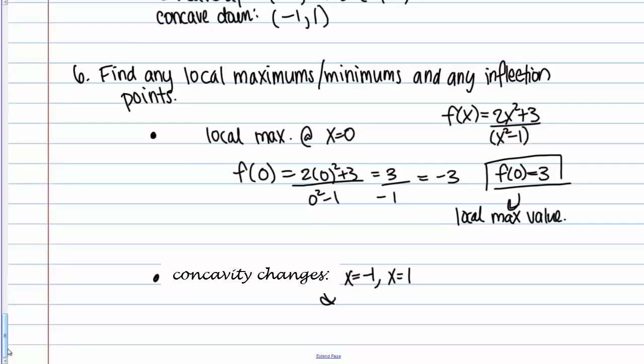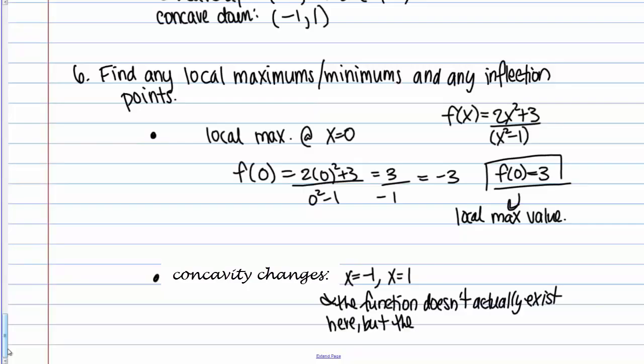And the function doesn't actually exist here, but the concavity changes.